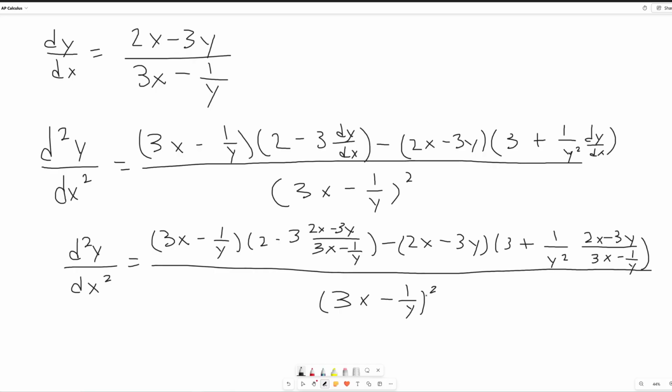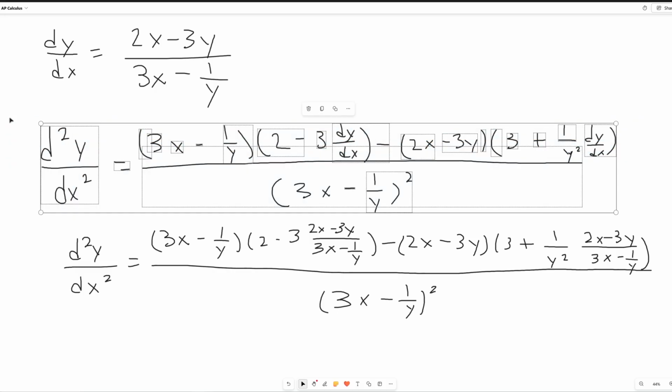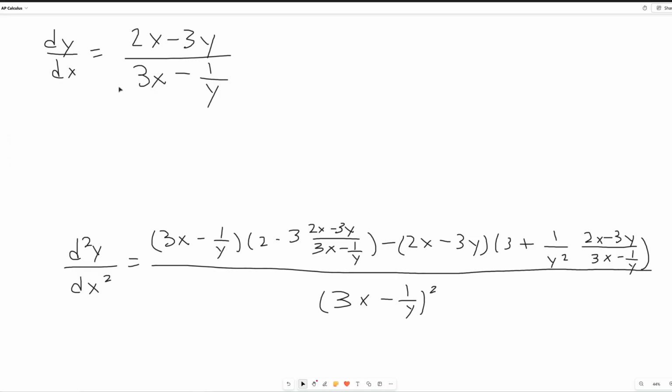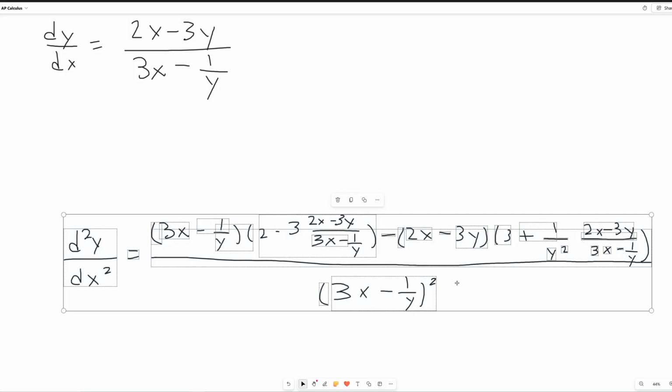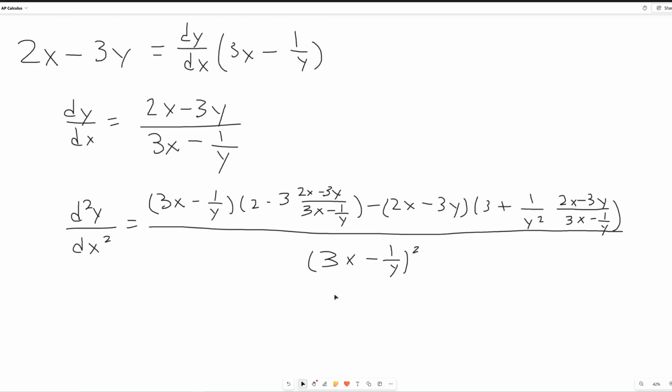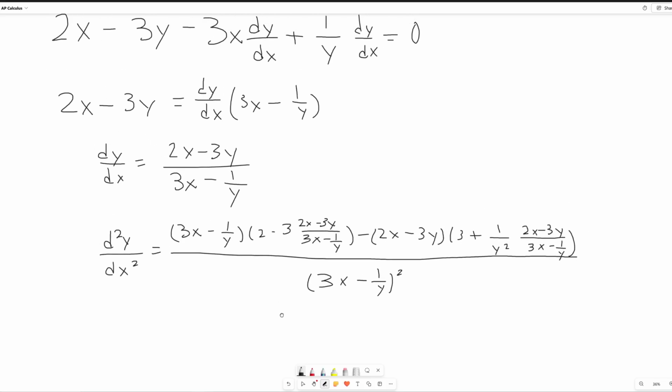That is our final answer, and it is quite long. But this is just to show you that every time you take the derivative of y, you plug on a dy over dx, and then when you take the second derivative, you will have dy dx's in your solution, which you need to substitute with the equation you already found.